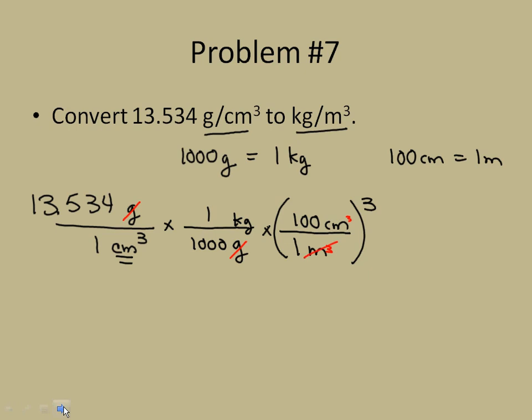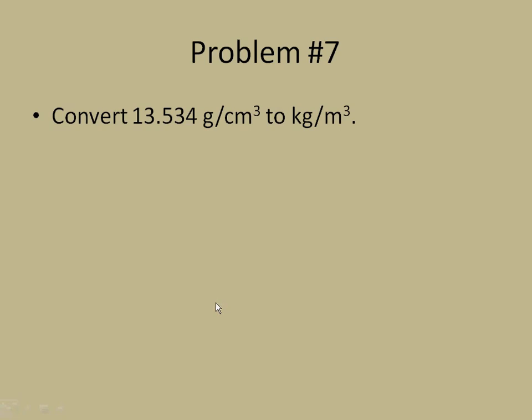Didn't want to do that. I think I'm going to have to start again. Yeah, it's not there. So let's go back to 13.534 grams per 1 centimeter. Sorry, I have to rewrite it.